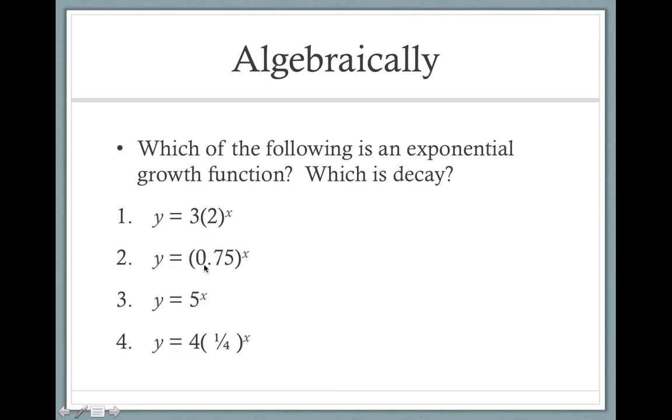So if growth are bases that are greater than 1, then that probably leaves the bases that are less than 1 as decay. And that's exactly the case. So numbers 1 and 3 represent exponential growth, while numbers 2 and 4 represent exponential decay.